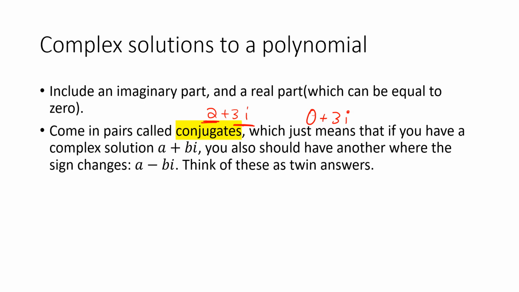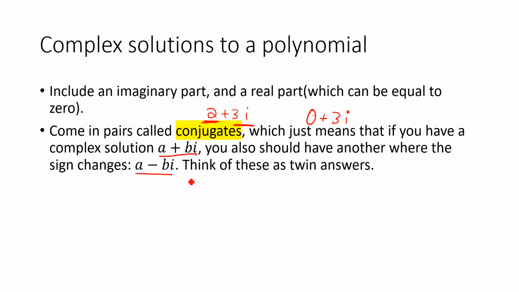Right. Now, complex solutions come in pairs. That means that you get 2 at a time. And those pairs are called conjugates. And they're not too hard to figure out. Basically, if you get a solution that looks something like this, you'll also get a solution that looks like this.